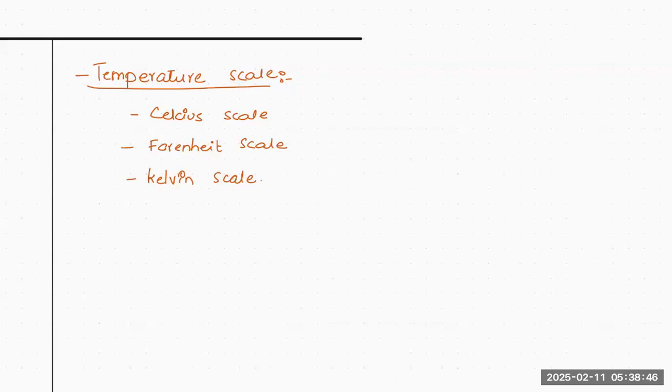The Celsius scale is obviously the one that we use really commonly. In the Celsius scale, the melting of ice is 0 degrees centigrade and the boiling of water is 100 degrees centigrade.